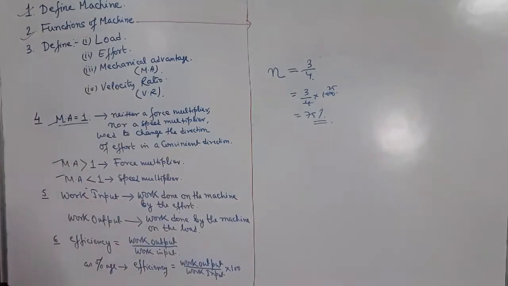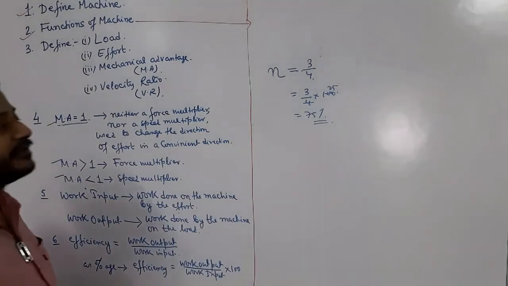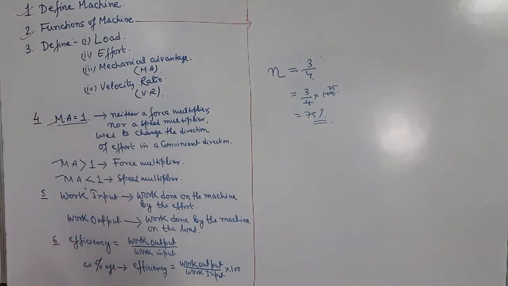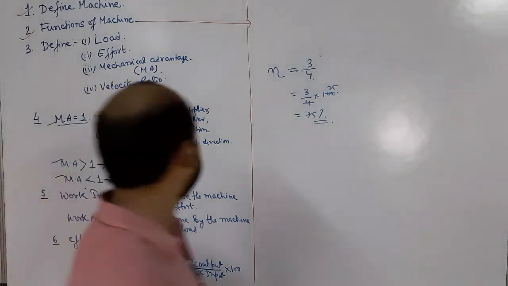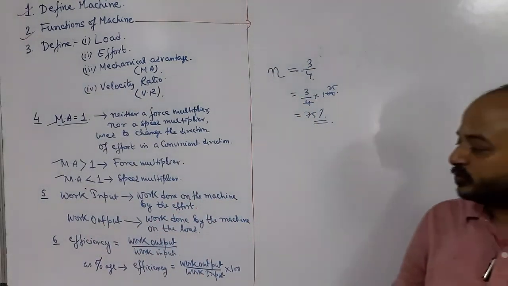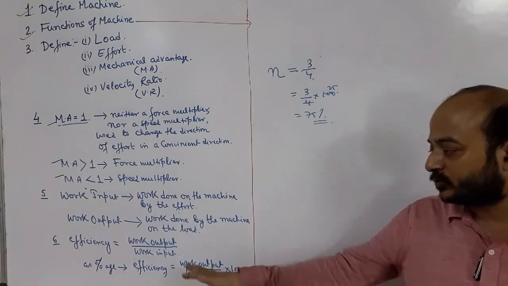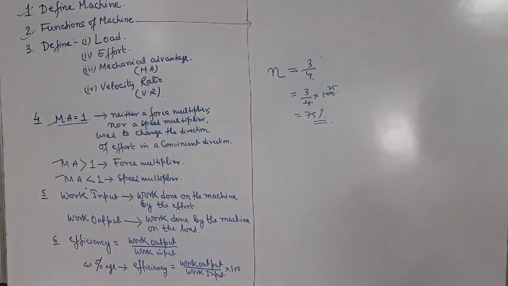So we say the efficiency of the machine is 75%. Understand? So that is about efficiency. Efficiency means work output by work input, and if you want to convert into percentage, we multiply by 100.